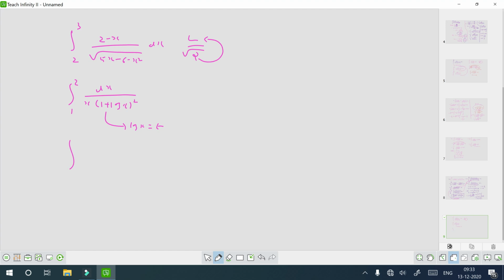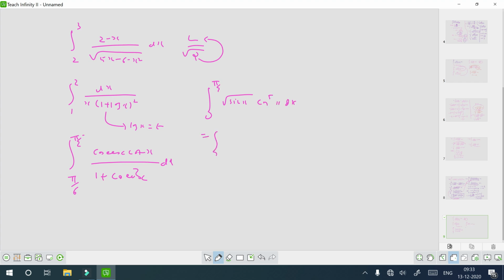Next one, pi by 6 to pi by 2, cosec x cot x over 1 plus cosec square x dx. Convert into sin cos, then the rest of the part is very easy. So once again I am leaving it for you. 0 to pi by 2, root sin x into cos raised to 5 x dx.